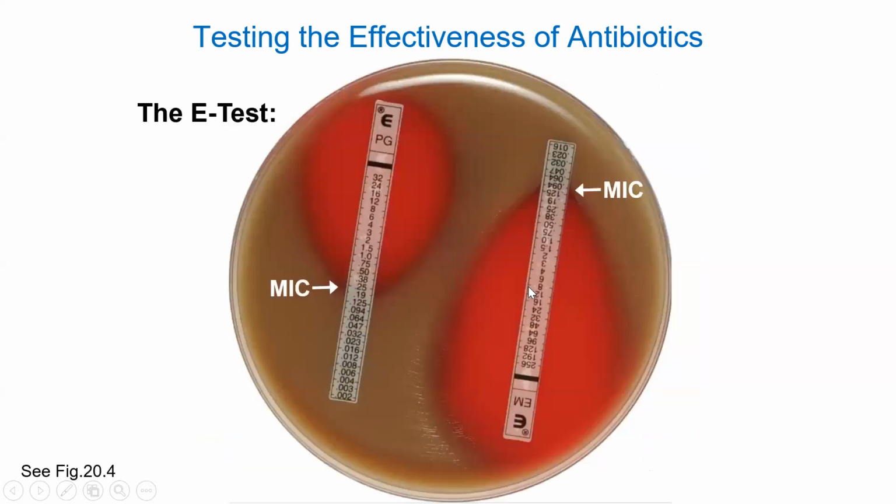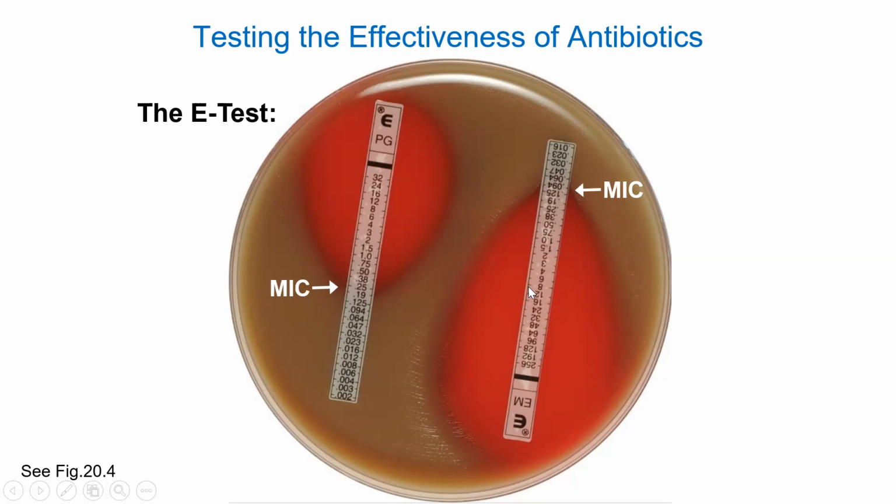So maybe you don't want to do a disc diffusion, or you want to do an MIC test, but it takes too much work. So somebody invented this E-test, which is kind of like the best of both worlds. It's easy like the disc diffusion test, but it gives you quantitative values. With the E-test, you get this little stick, a band, and it has different concentrations embedded in it. So you can read right off the band what the MIC is.